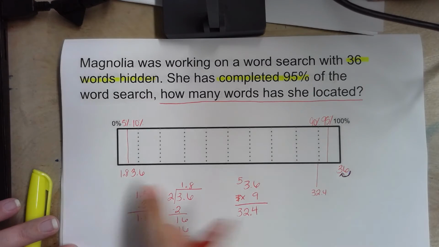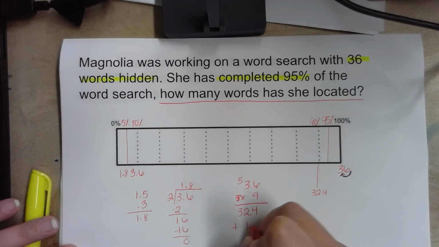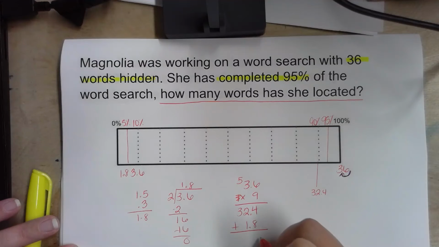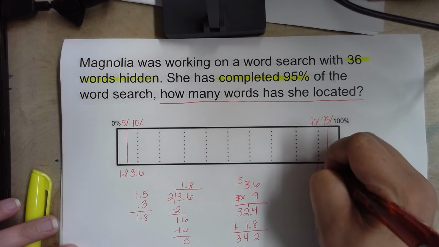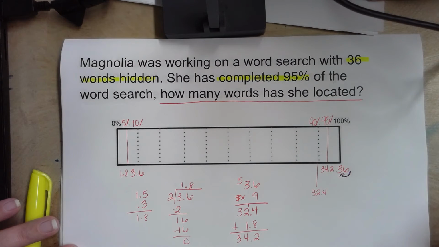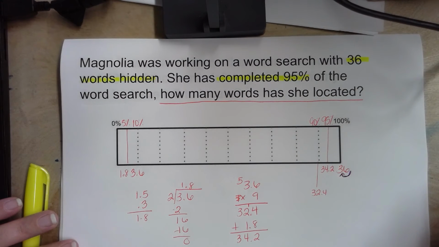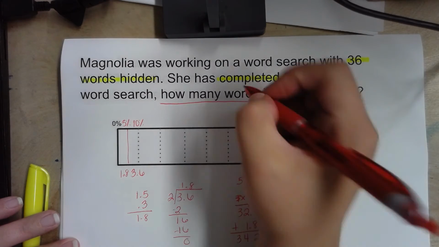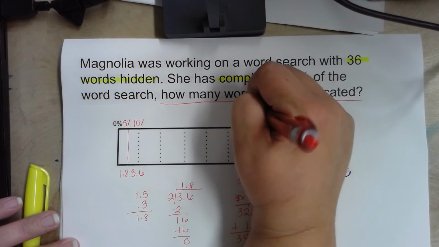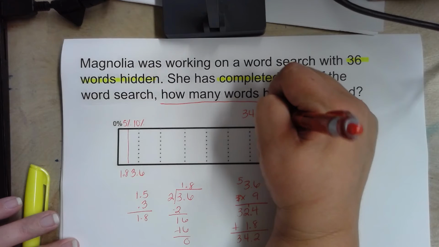Okay, and then I'm going to add the 1.8. So 34.2. So she has located 34.2 words.